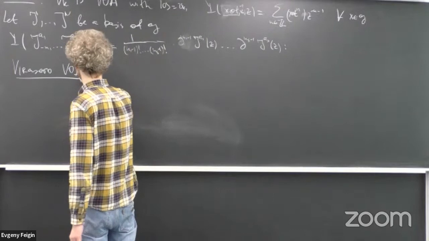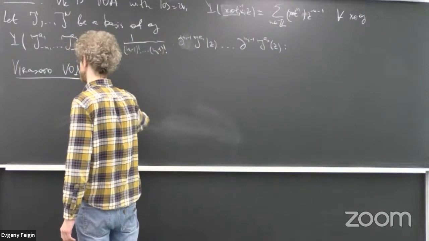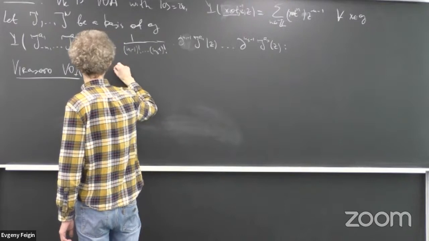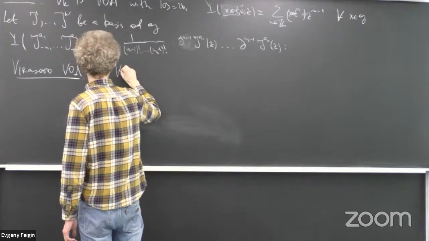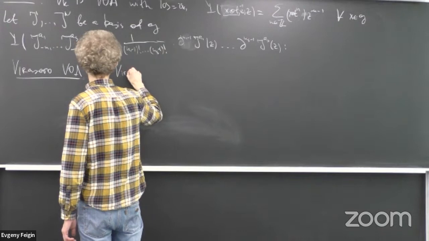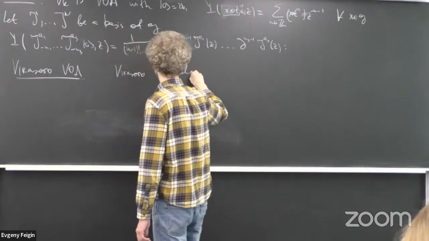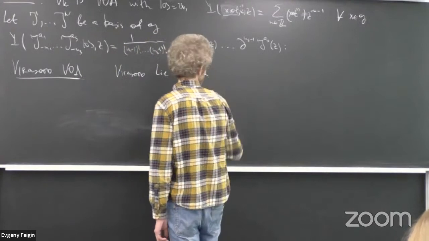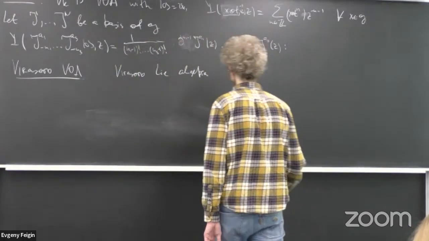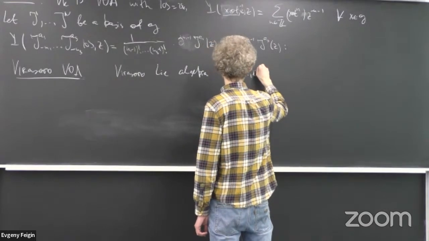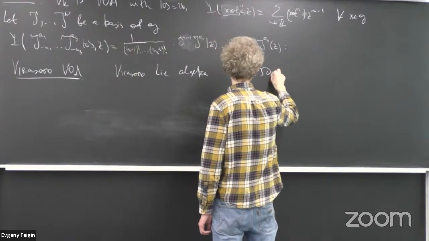Most of you probably know what the Virasoro algebra is, but let me recall that. The Virasoro Lie algebra is, more or less, based on the vector space C((t)) d/dt.